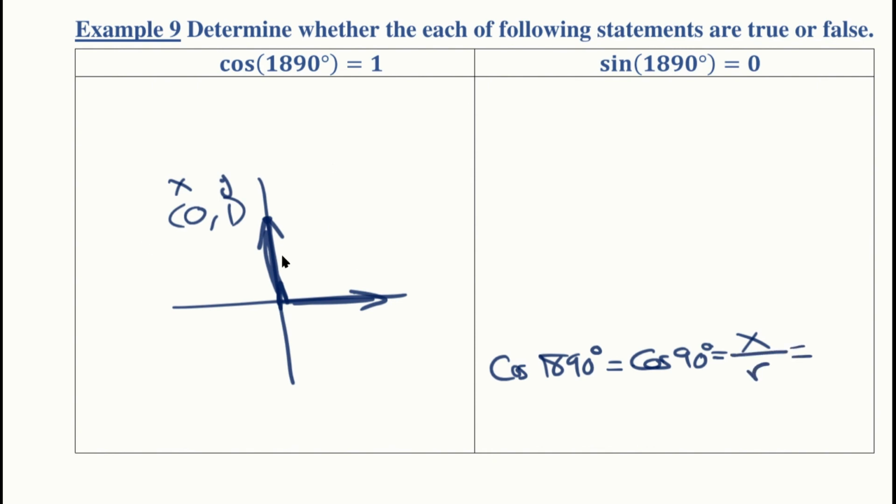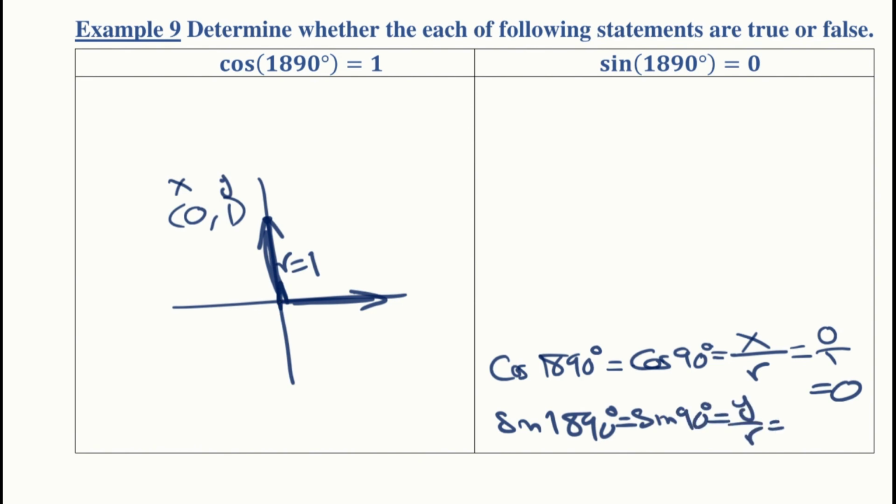Now notice, since this is the point 0, 1, not only is y 1, but r, which is the distance between the point and the origin, is also 1. So we get 0 over 1, which is 0. And the sine of 1890 is going to be exactly the same as the sine of 90, which is y over r. So it's going to be 1 over 1, which is 1.